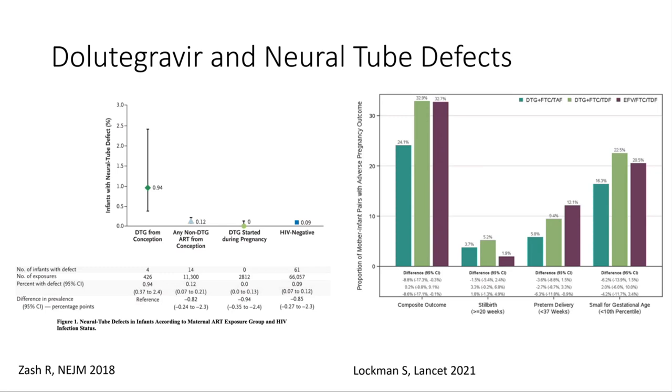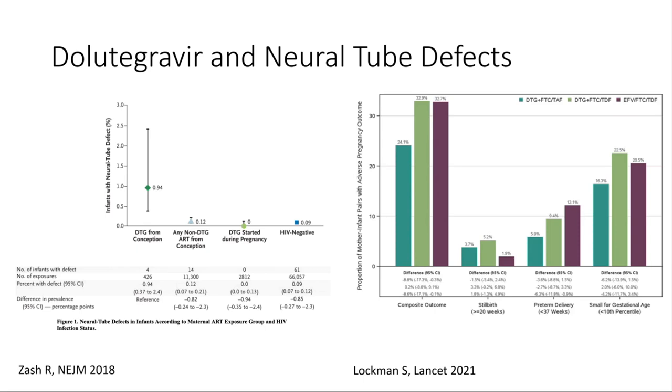And I don't know if you guys remember the issues with dolutegravir and concern for neural tube defects in the past. People used to be wary about dolutegravir in pregnancy. Because of this letter to the editor in NEJM in 2018 on the right, where the country, was it Botswana?